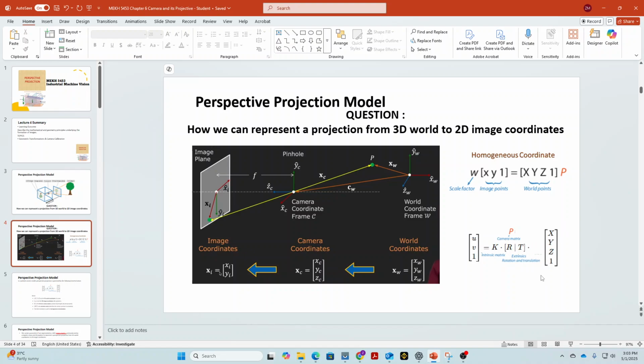Then this is going to be your coordinates for the 3D world. Because it is 3D, you must have the X, Y, Z, and this is for the homogeneous coordinate. So you have all these coordinates with the parameters, then you can come up with the final results for U and V, which are the points on the sensor.